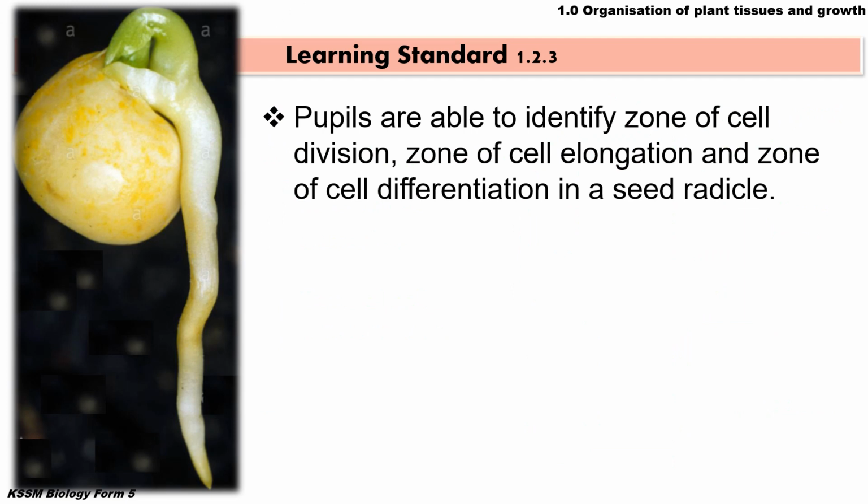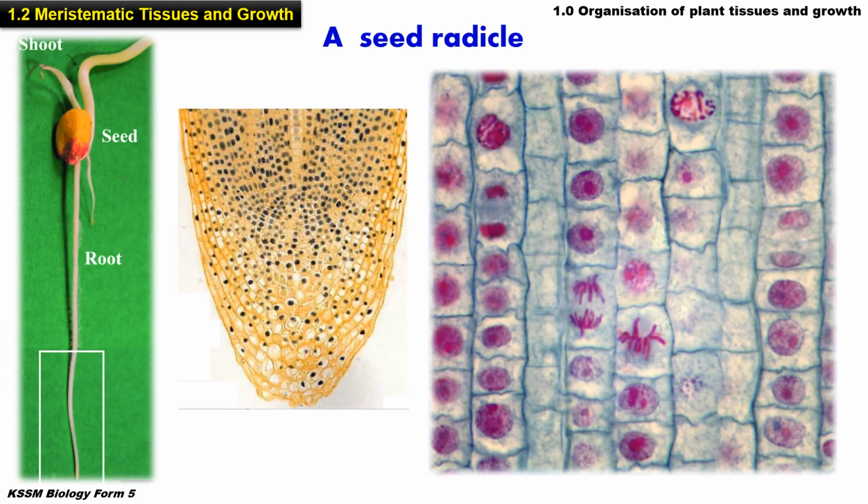Kita pergi kepada the third learning standards. Yang ini sebenarnya kita kena buat eksperimen. So, kita kena tanam jagung dan kita dapatkan akar dia. Lepas tu, we identify. So, kita ambil root for the seed radical. Kita potong nipis-nipis.